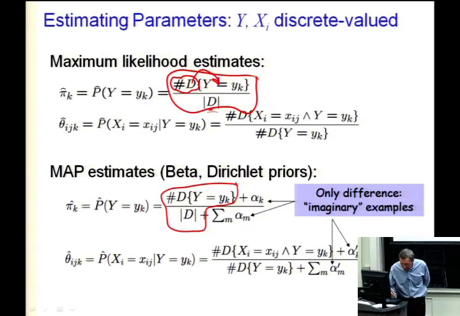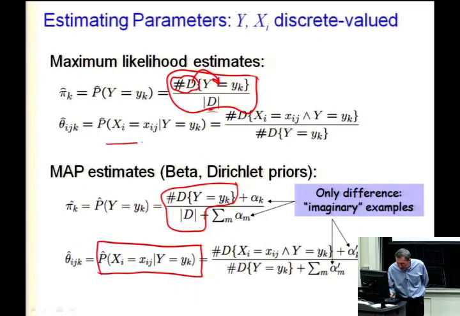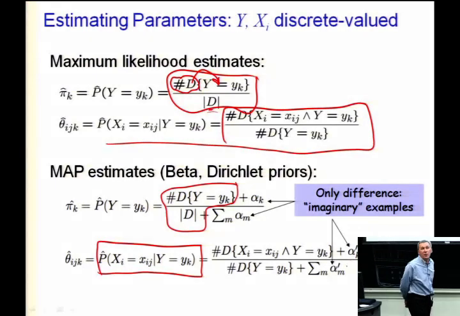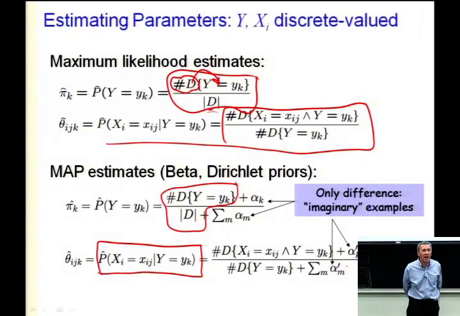So basically, we just imagine some number of cases, in this case for y equals 1 and y equals 0. Or similarly, when we're interested in the conditional probabilities, then instead of taking the fraction that we took when we did our maximum likelihood estimate, we add in some imaginary examples. So for example, for birthday, I would add in 365 imaginary examples, one for each day of the year.